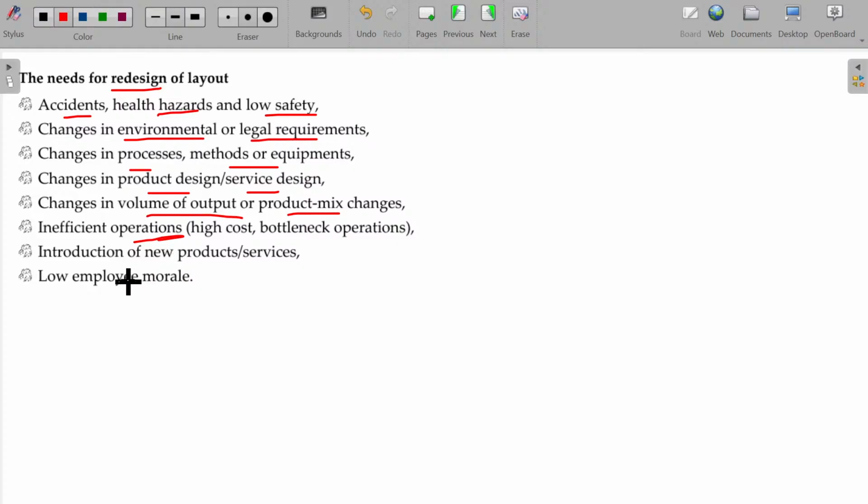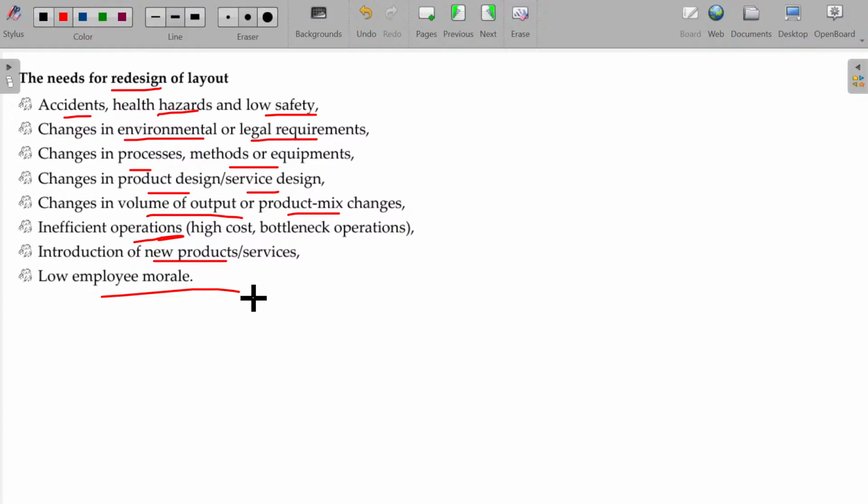You want to improve that. So introduction of new products where the existing layout may not be suitable because new products come in, to avoid the employees' low morale. So all these things are also points forcing us to redesign the layout.